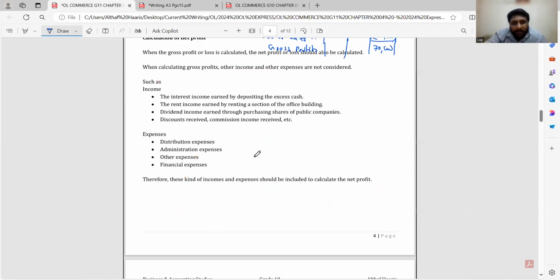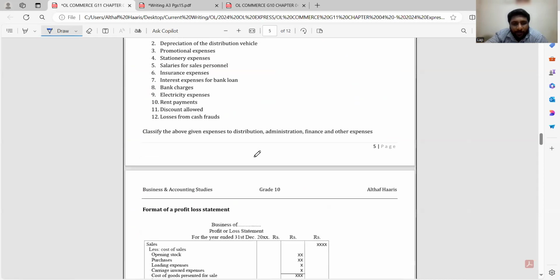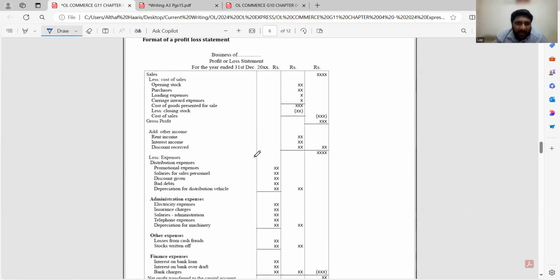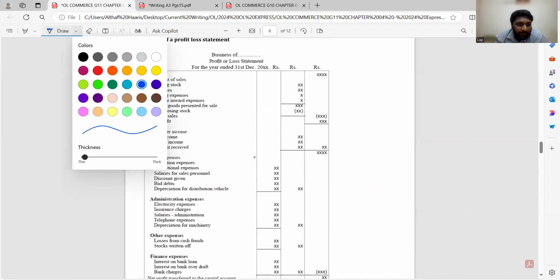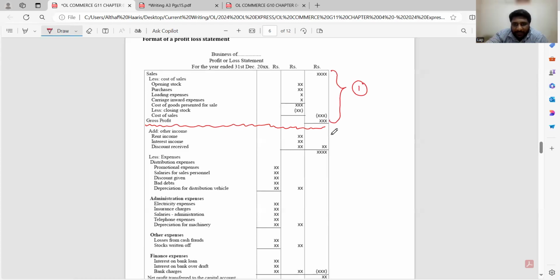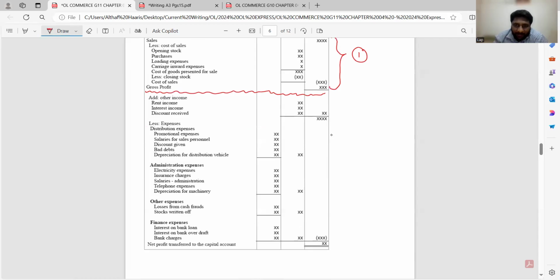Let me show you a small format, people. Here I will draw a line. This is the first part. This is a format. This is the second part.